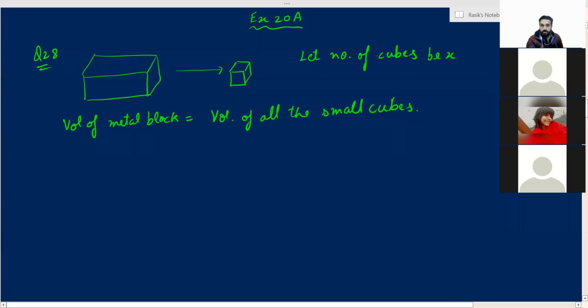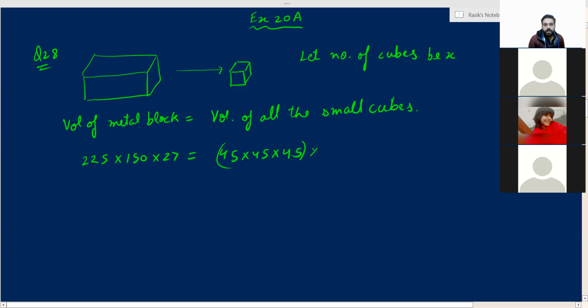So what is the volume of metal block? Now the dimensions here are given in meters, so convert them into centimeters. 225 into 150 into 27. This is the volume of metal block. Now volume of one cube is 45 into 45 into 45. But how many cubes are we making?